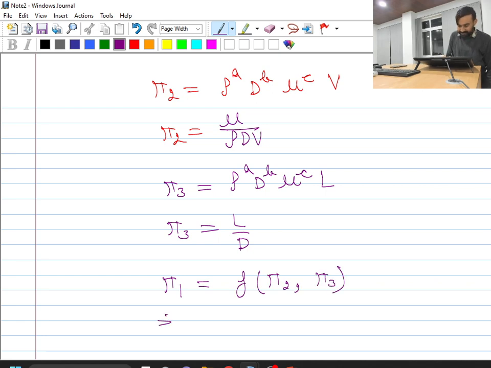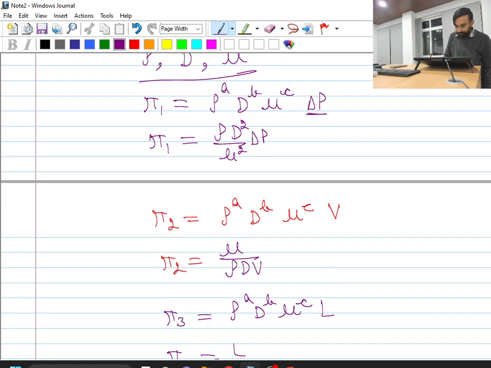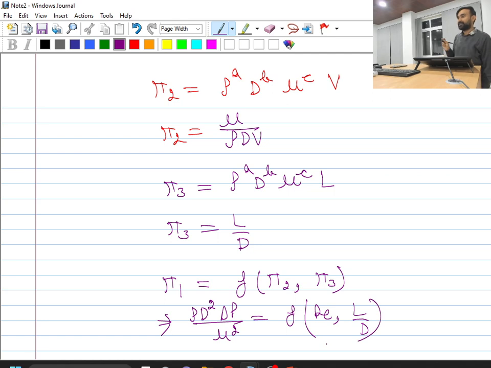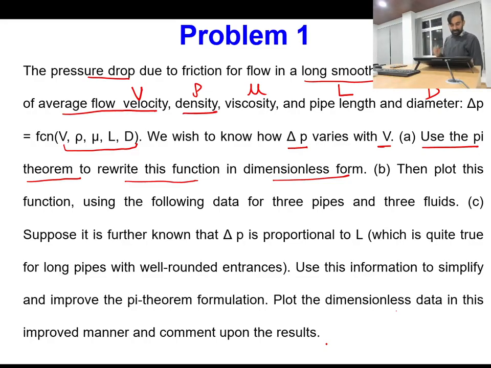So I can say that rho d square delta p by mu square equal to function of Reynolds number and L by D. Okay, so my first part is solved. Let me go to the second part now. So this is my first part.